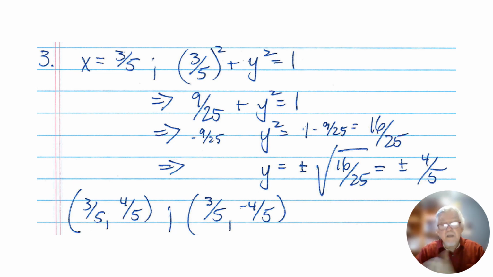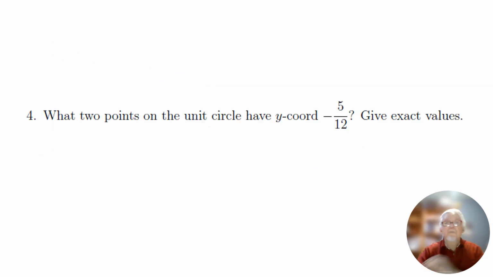And furthermore, if you had my calculator, it would just do it for you. So perfect squares, yes. Otherwise, I don't care. And I don't believe Pearson cares any longer. So there are the 2 points. X is 3/5, y is either 4/5 or negative 4/5. We'll see a reduction coming up here in just a second.